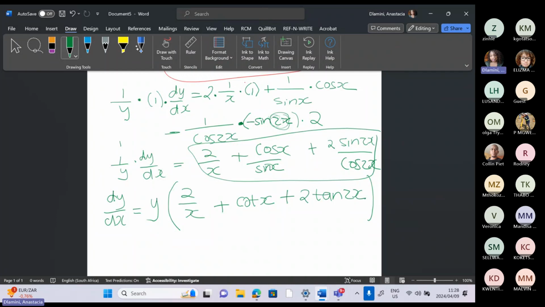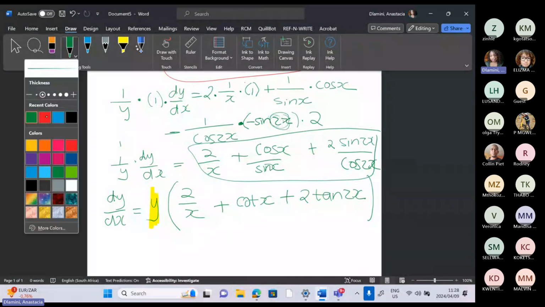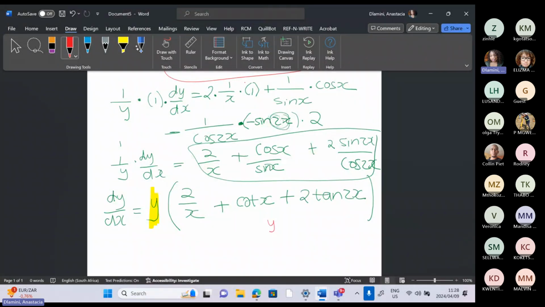Are we done? No, we're not done. Because we multiplied by y, and we know that y is given initially, that our y is equal to x squared sine of x over cos of 2x. So then we substitute it back here.